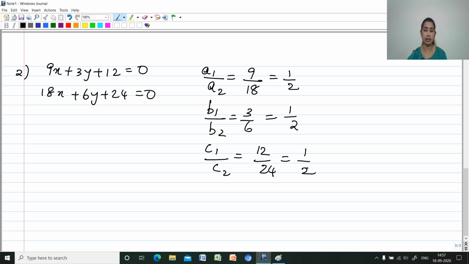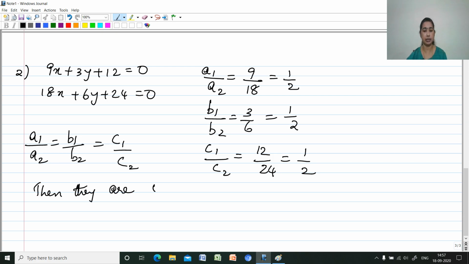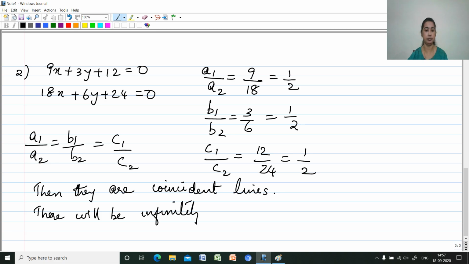If all these three are the same, that is, if A1 by A2 is equal to B1 by B2 is equal to C1 by C2, then they are coincident lines. Coincident lines. So there will be infinitely many solutions.